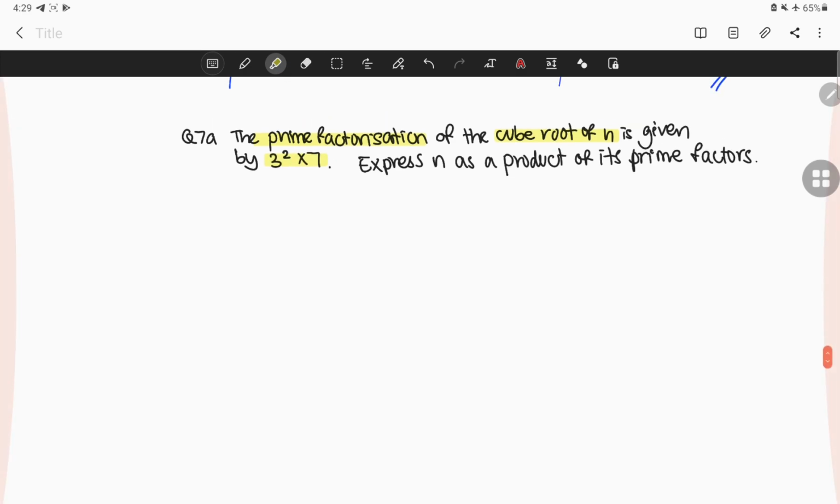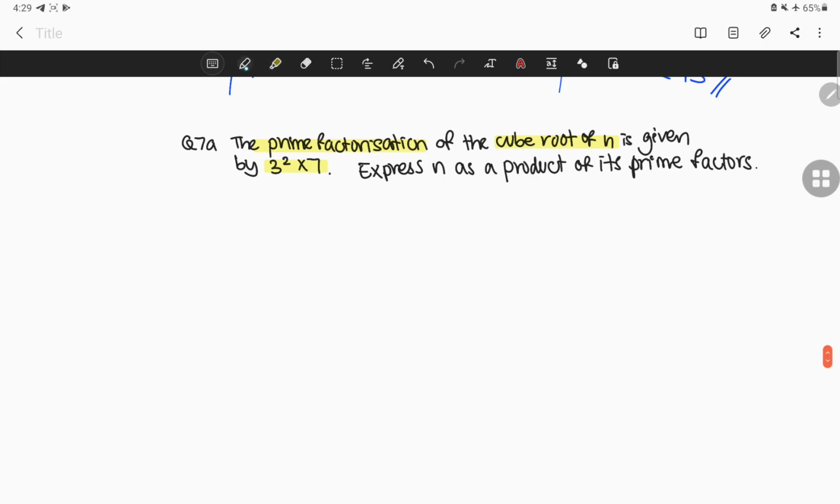So this is actually the cube root of n. This symbol over here means cube root. If there is just the symbol itself without a number on top, this is considered as the square root.